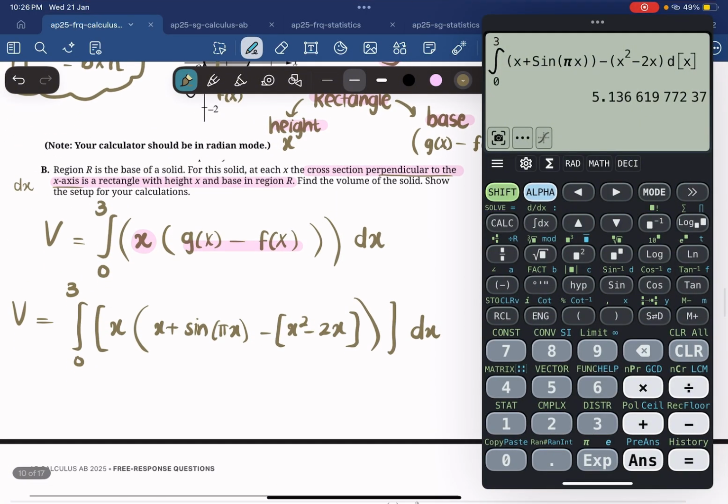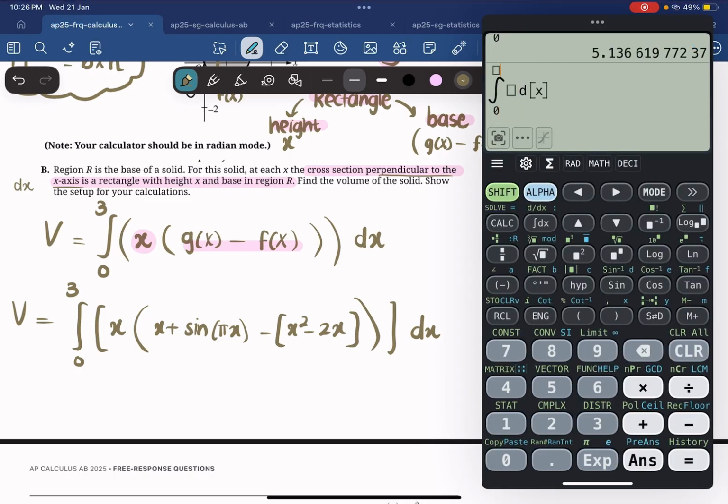So this is what we're going to type in our graphing calculator right now. We have the integral from 0 to 3 of alpha x times alpha x plus sine pi x. We make sure to be careful when we're entering the brackets.